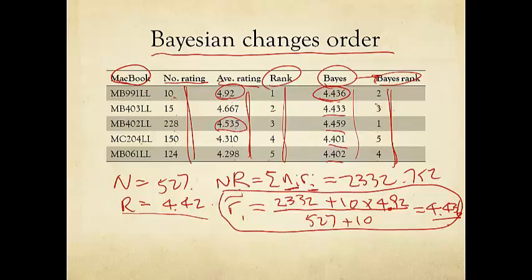And this one is number 3. The last thing we want to observe here is, how come this product, which has both a slightly larger average rating and a slightly larger number of ratings, actually becomes worse than this? If I just compare this product with this product, how could that have happened?